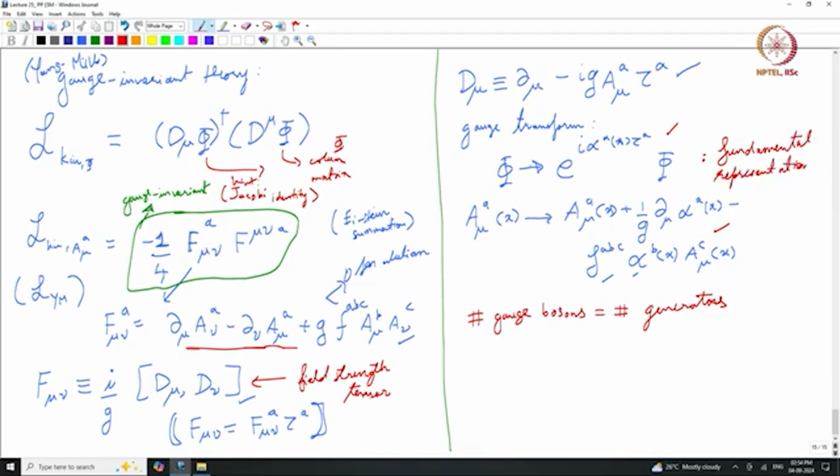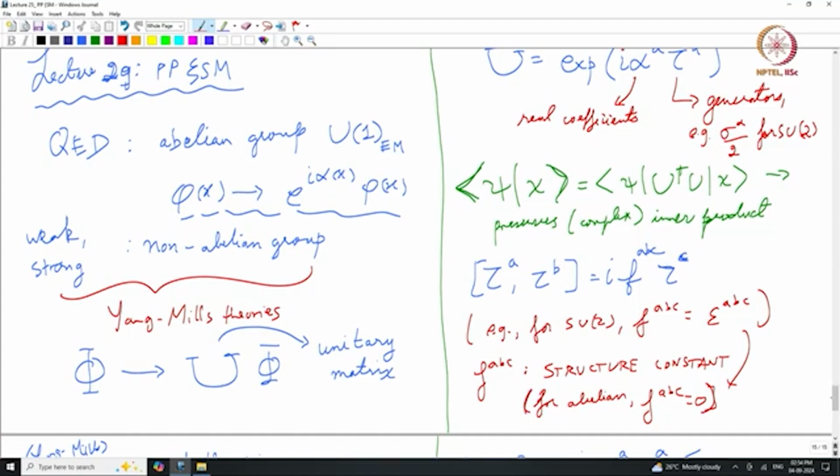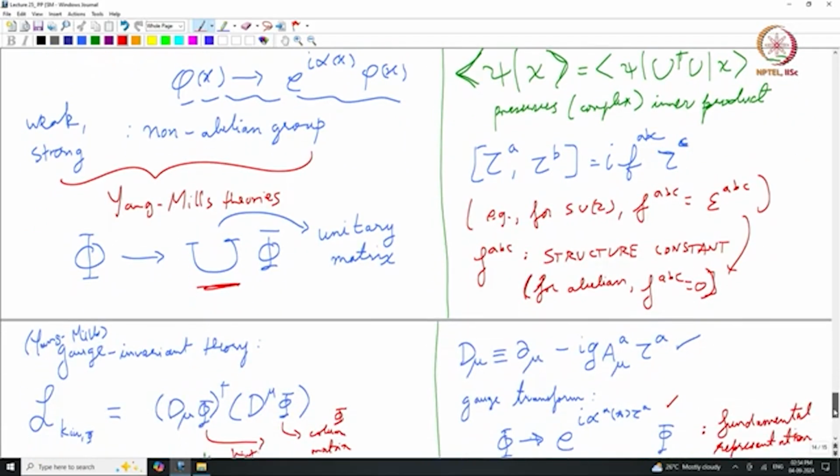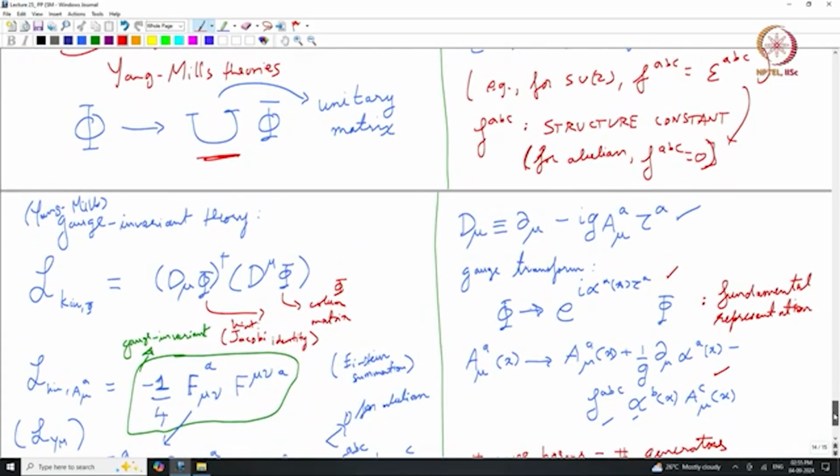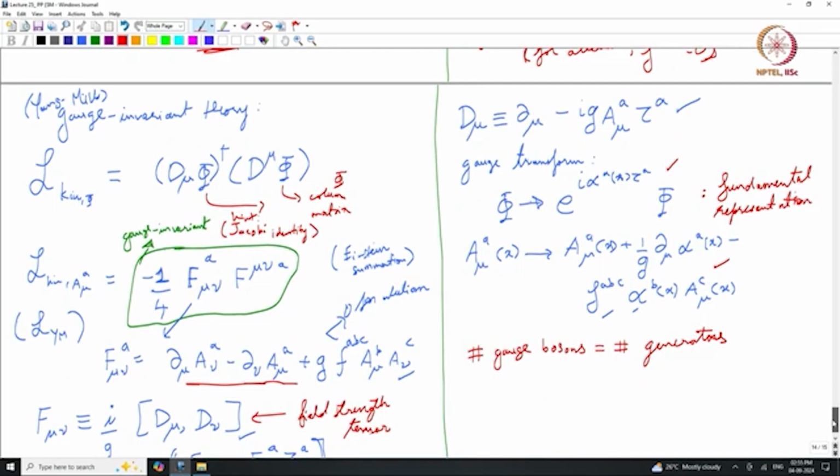In group theory language, when you represent the matrix group by the matrices themselves, that's a fundamental representation. It's so fundamental we don't even think about it. You put in the matrix itself, and of course the phi's also live in the fundamental representation because they are the ones undergoing the transformation. So they are the group elements also. So you have an n cross 1 column matrix. That's how you represent it.